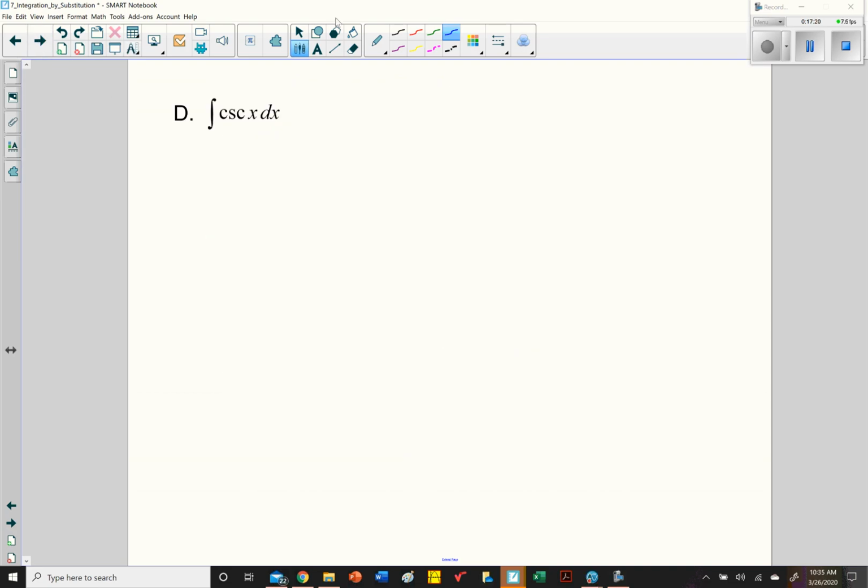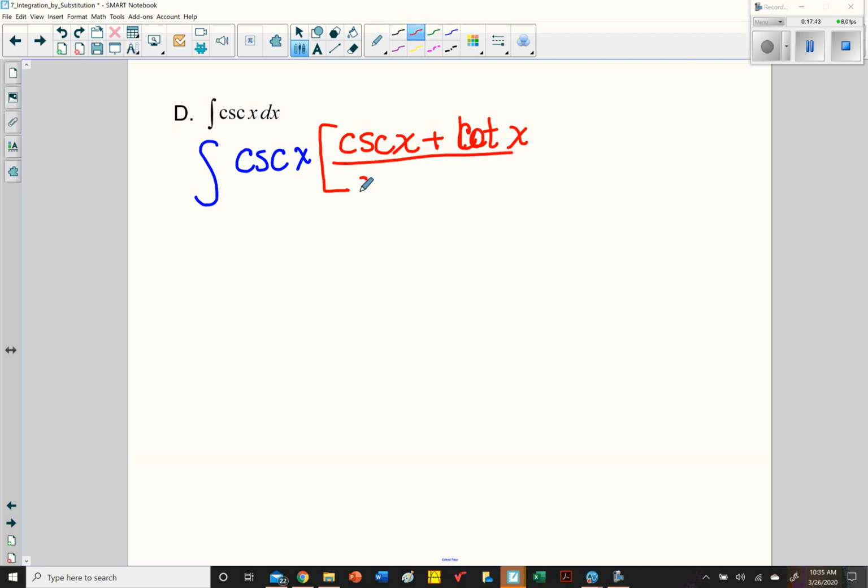Then cosecant is pretty much the same thing. We have cosecant x here. We're going to multiply by cosecant plus cotangent. I wrote cosecant plus cotangent on the top and the bottom. Well, my pencil is ahead of my brain today.